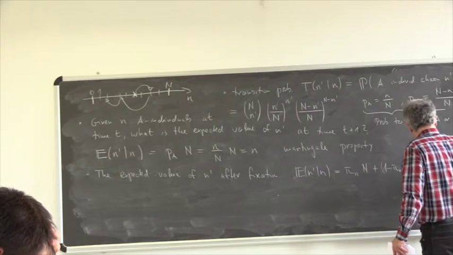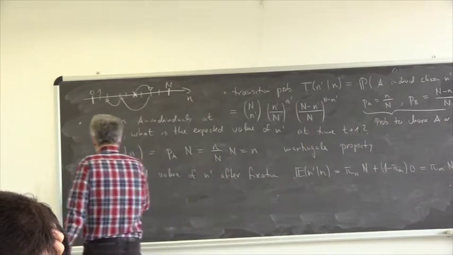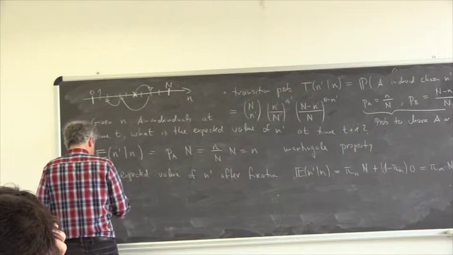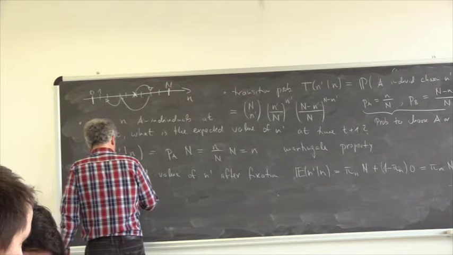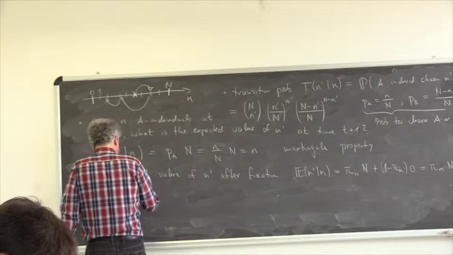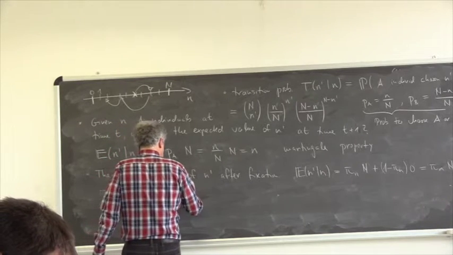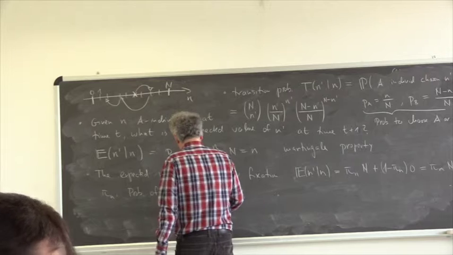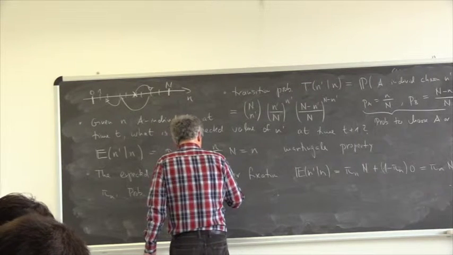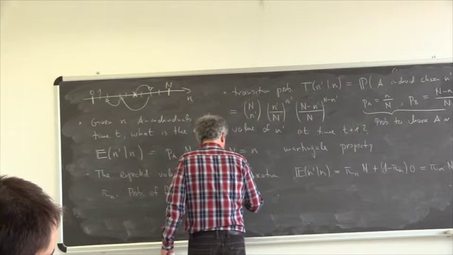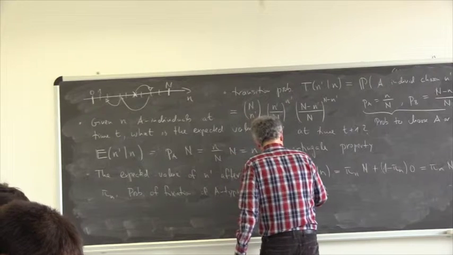So this will be equal to pi n times N. So pi n is the fixation probability, the probability of fixation of A type with n initial individuals.